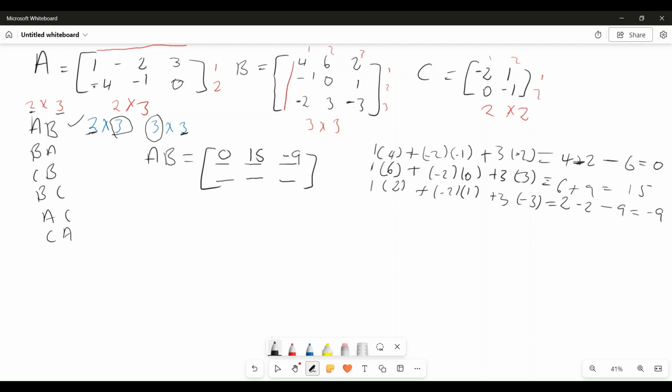Okay, on the second row we see it's minus 4, minus 1, 0. So this whole row is going to multiply each column in B, like how the first row was doing. Here's what I mean.